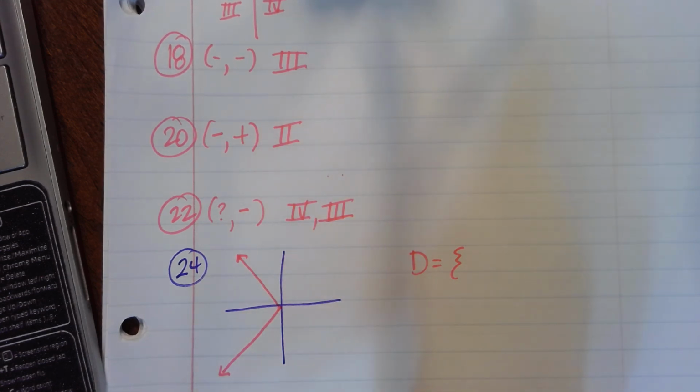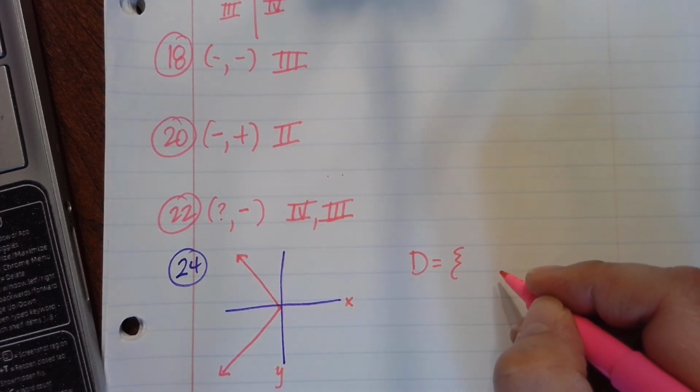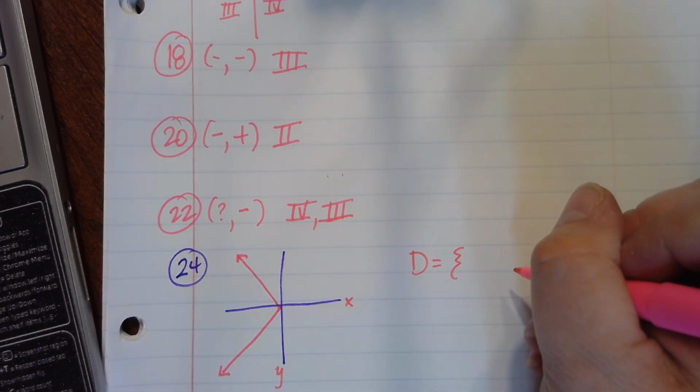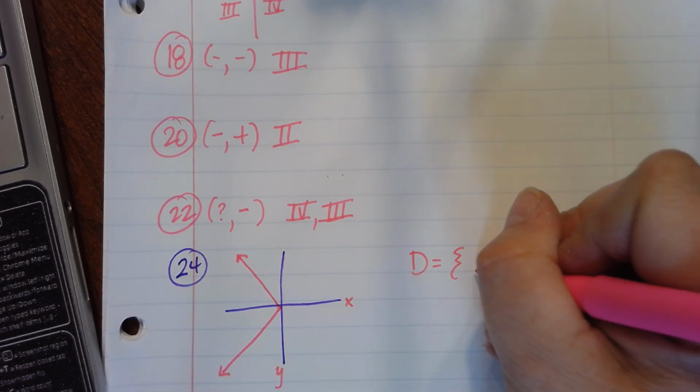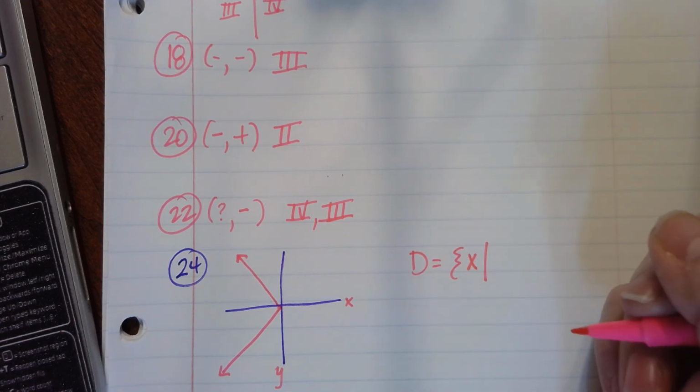So as far as where it starts, here's my x, here's my y axis. It starts at 0, okay? So I'm going to start with that, and I'm going to say that x is such that, right?